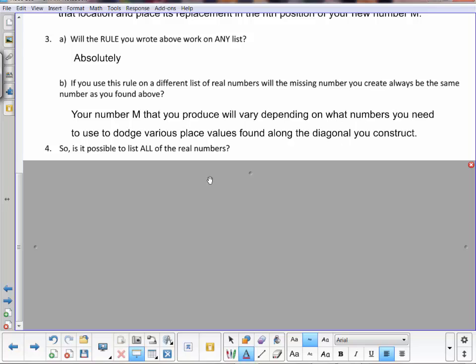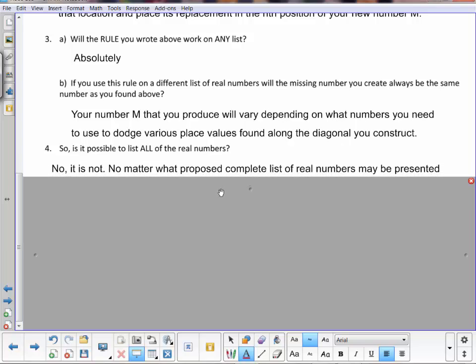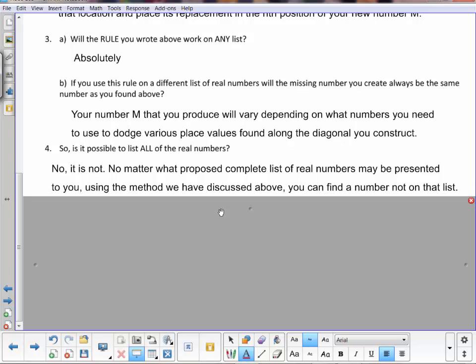So is it possible to list all the real numbers? No, it is not. No matter what proposed complete list of real numbers may be presented to you, using the method we have discussed above, you can find a number not on that list.